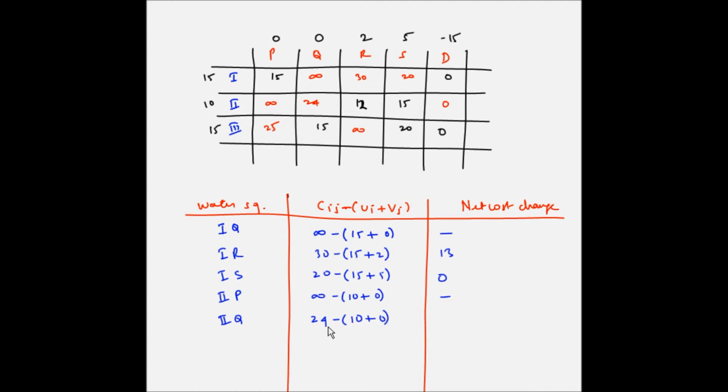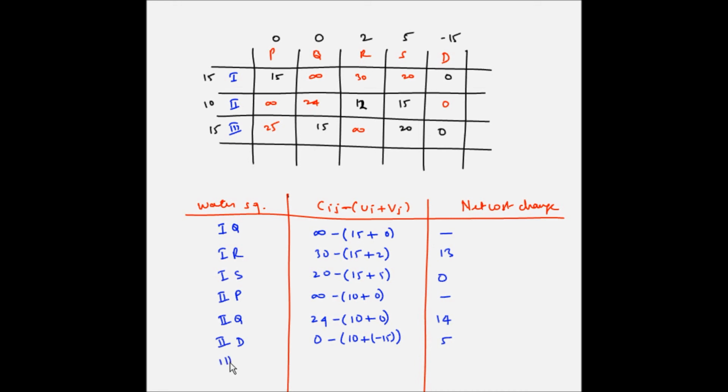So 10 plus 0 is 10, 24 minus 10 is 14. The next water square is 2D. Cij is 0, Ui is 10, Vj is minus 15. So 10 minus 15 is minus 5 and there's a negative sign outside the bracket, so this becomes plus 5.